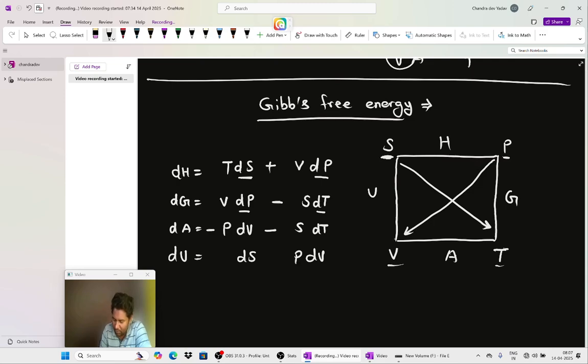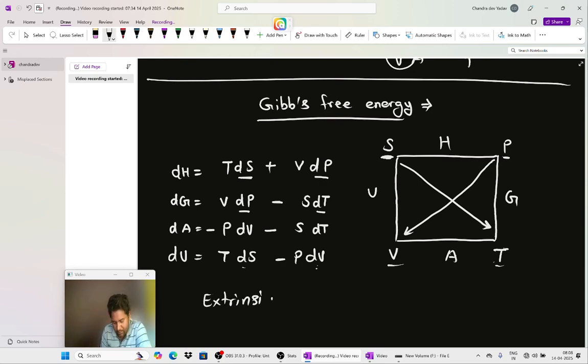For volume change, the arrow is coming to your variable, so it will be negative. And the arrow going forward to your variable, entropy, so it will be positive, and constant is temperature. Both are intrinsic.